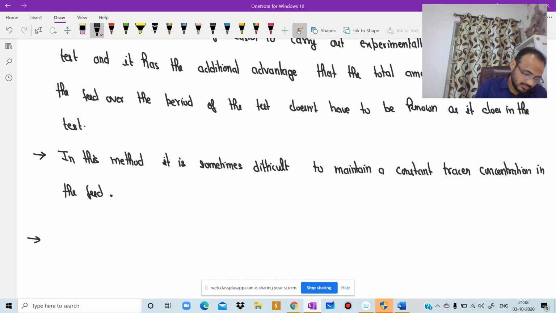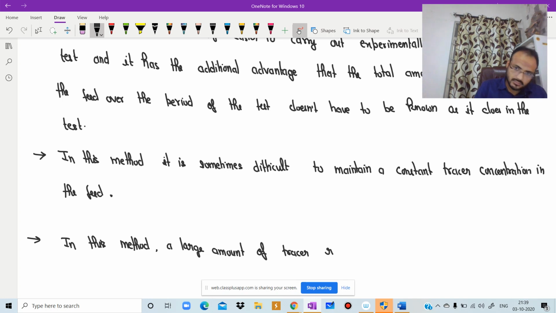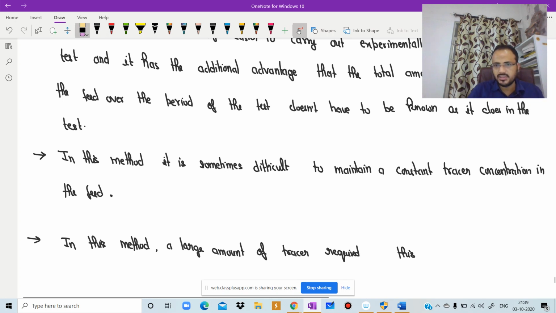In this method a large amount of tracer is required for this test.